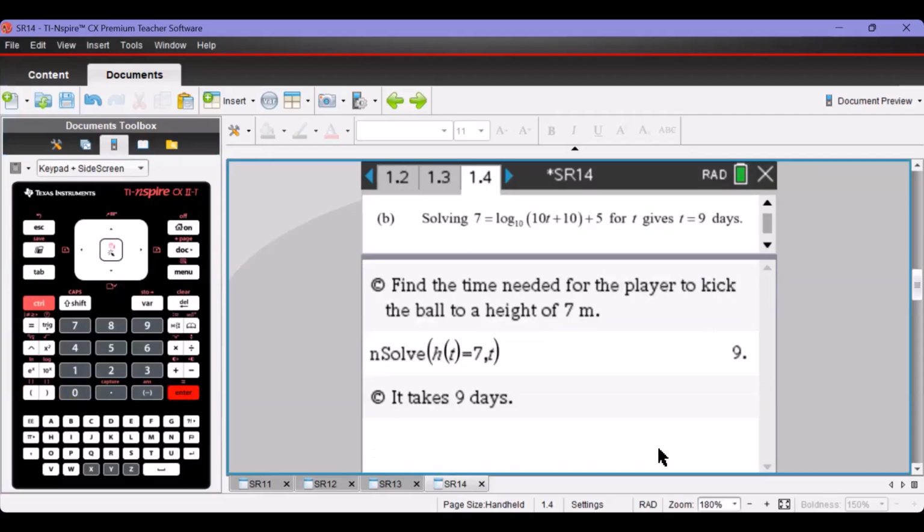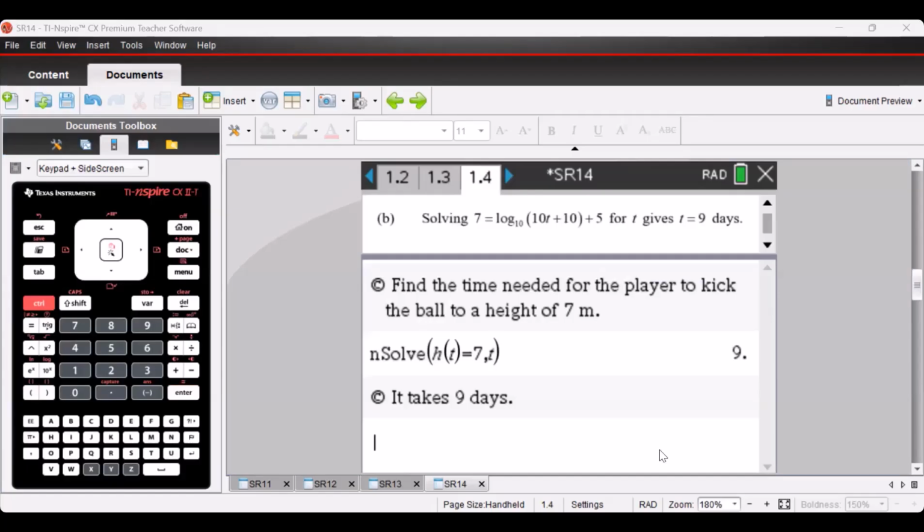In part B, we're required to find the time needed for the player to kick the ball to a height of 7 metres while this player is in this clinic. So what we need to do is solve h of t is equal to 7. In other words, we need to solve 7 equals log to the base 10 of 10t plus 10, plus 5 for t.